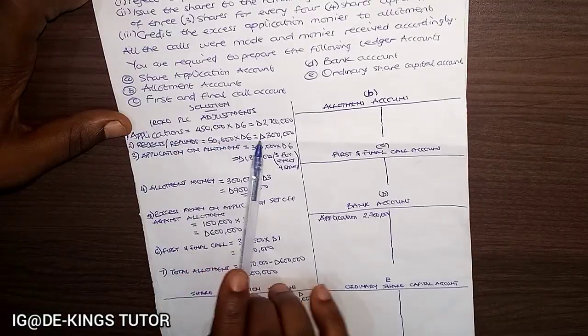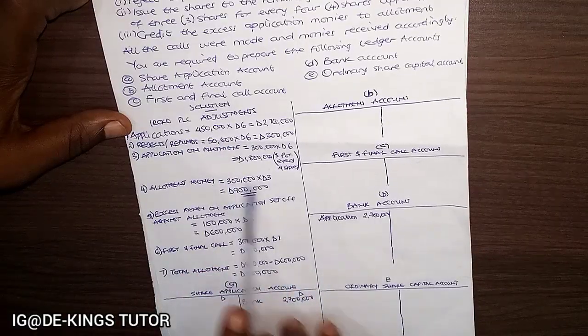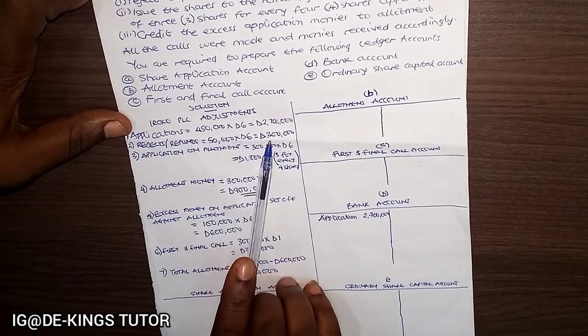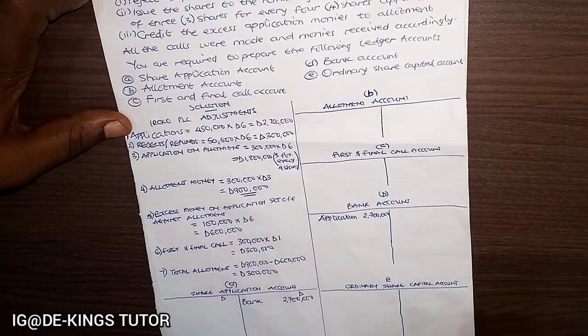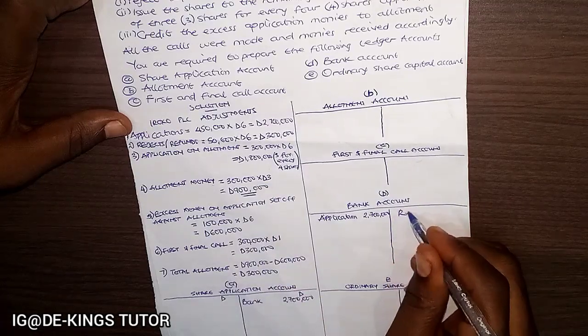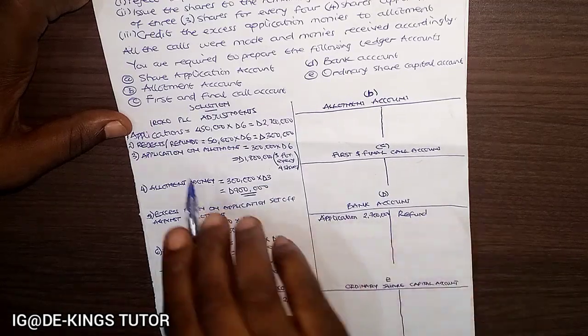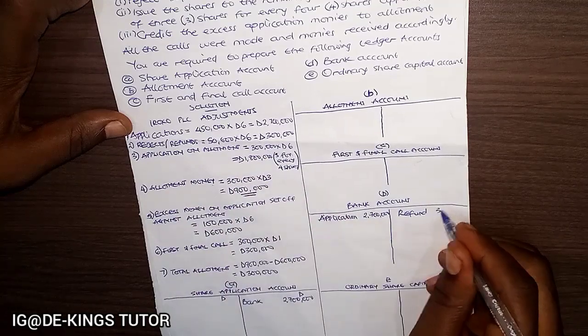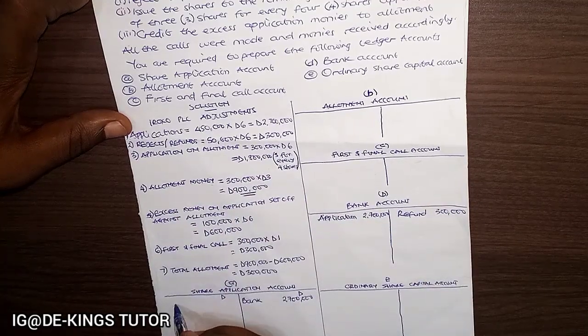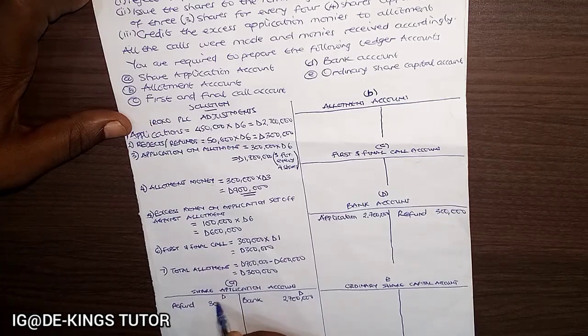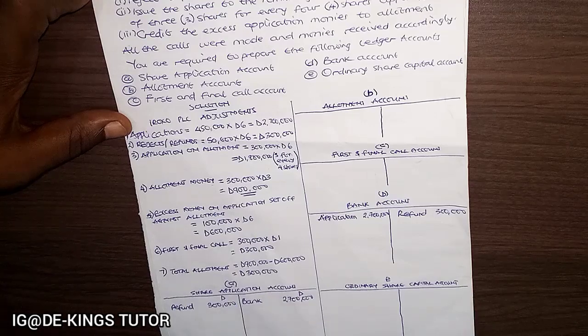So we did a refund. The bank refunded 50,000 shares, which is 200,000 naira. So it will be credited here because the bank is giving out the money back. Refund 200,000. So it is coming back to the application as refund 200,000.